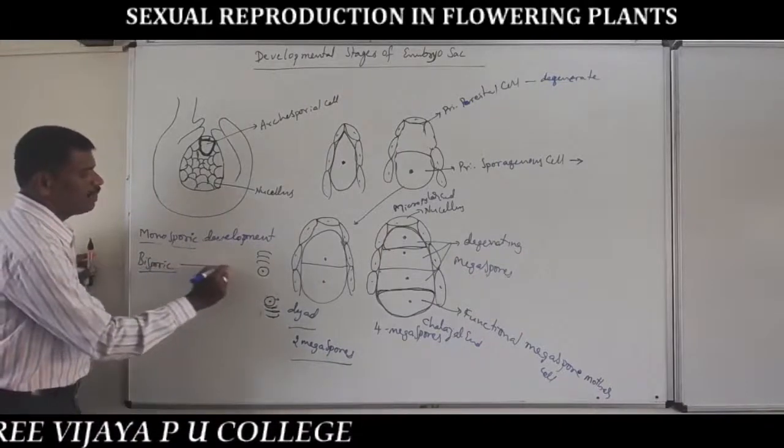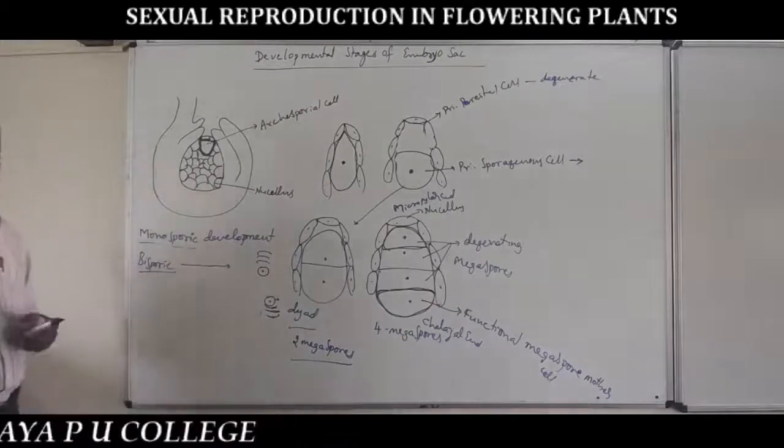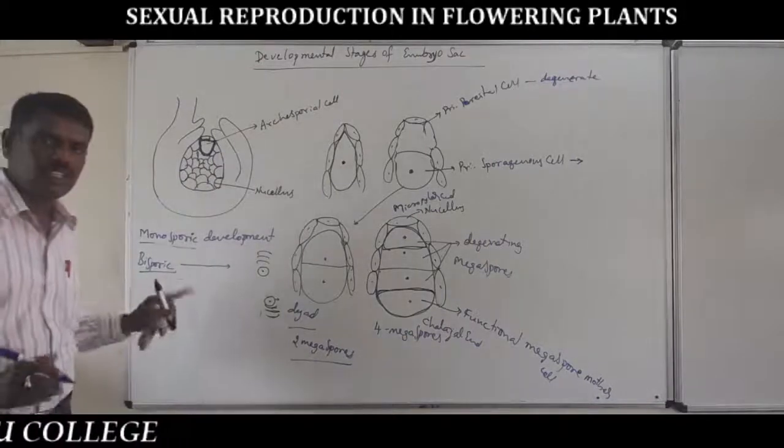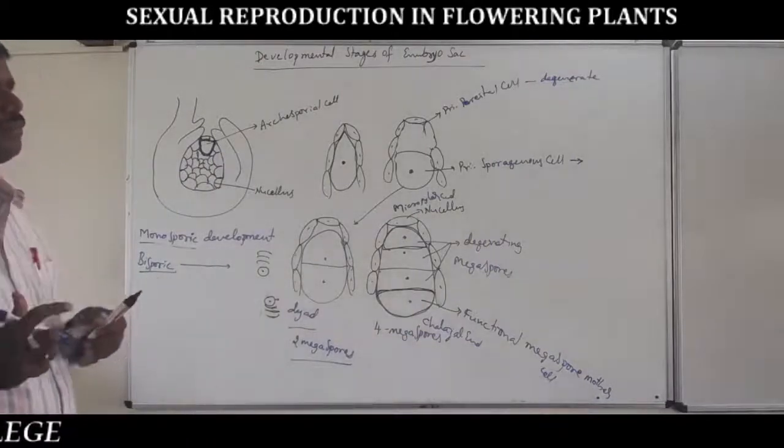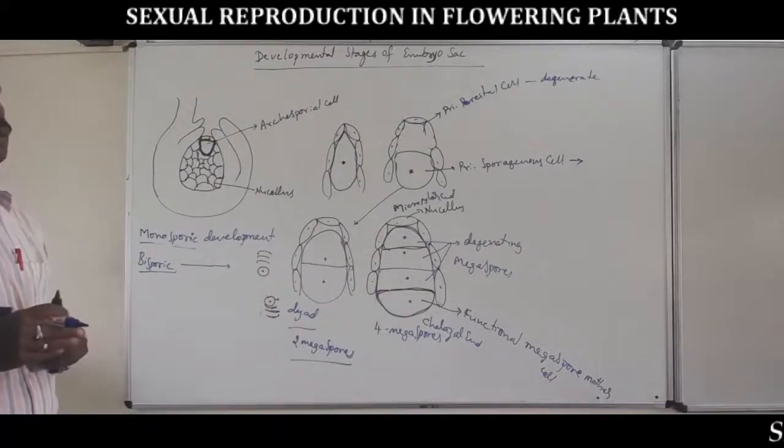Bisporic development of embryo sac. As the name indicates, it involves two spores.